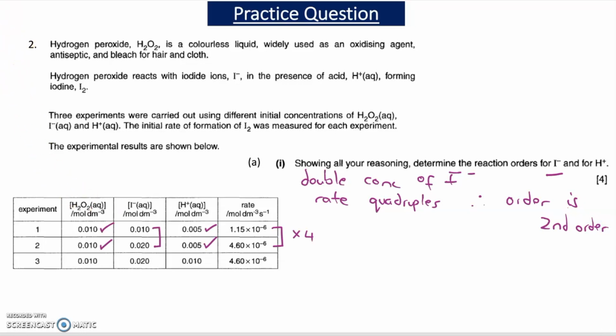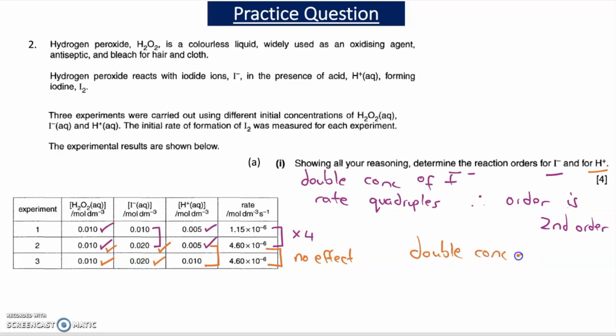So now I know the order with respect to I minus. I have to look at the order with respect to H plus. So to do this, I look for experiments where I change the concentration of H plus ions, but I keep the other concentrations fixed. So experiment 2 and 3 allows me to do this. And when I double the concentration of H plus, keeping the other concentrations fixed, there's no effect on the rate.